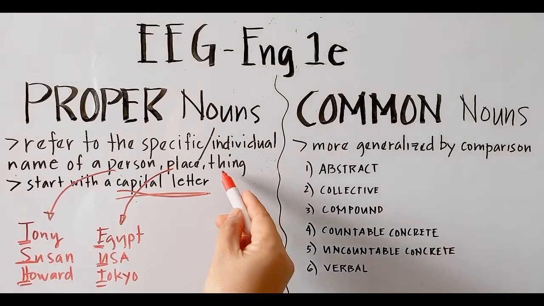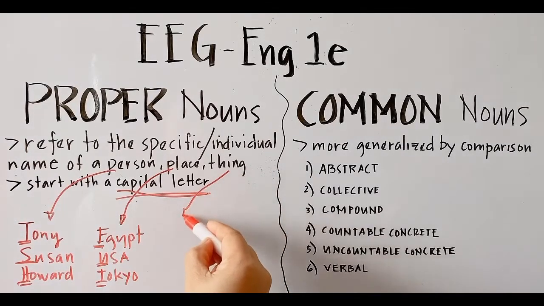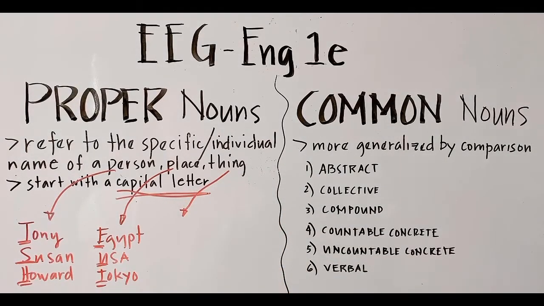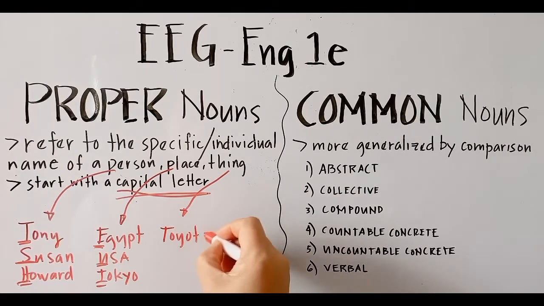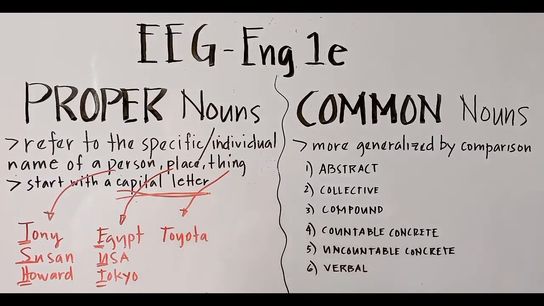Now let's go to thing. It can be a car. What's the name of a car? It can be Toyota, or what else? Forerunner. What else?